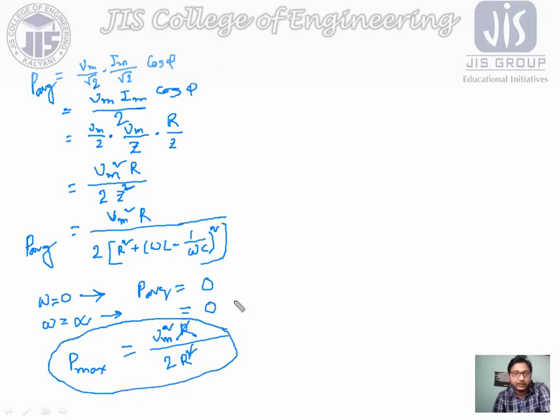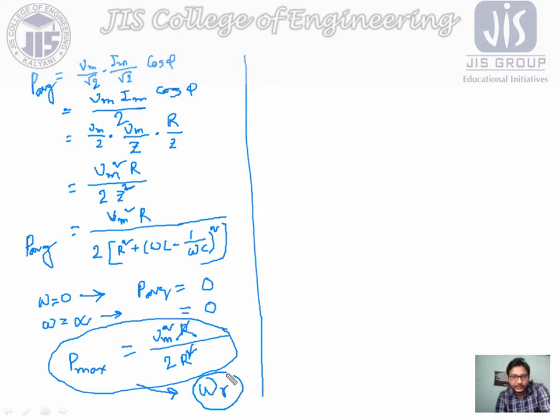That is the maximum power that can be delivered to, or drawn by, the circuit. Now the question is, what is the power at the half power frequency? We get this maximum power at omega 0, or omega R, when resonance occurs.